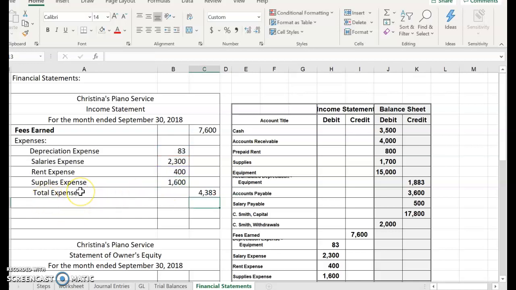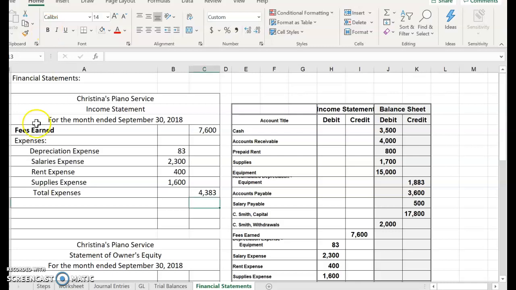So our total expenses are $4,383. So remember, these are not columns for debits and credits. These are columns for subtotals and totals. We don't have debits and credits on our financial statements because the users of the financial statements are not accountants, and they would not understand debits and credits.